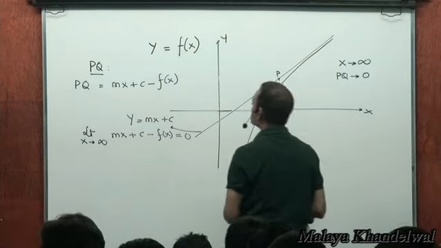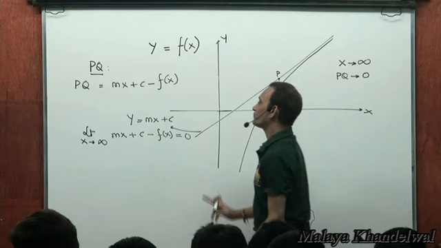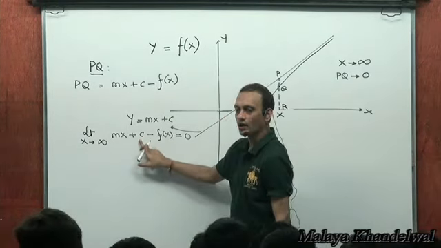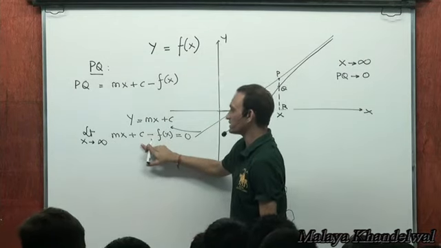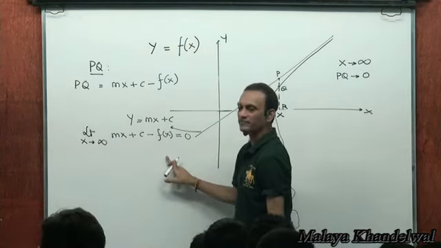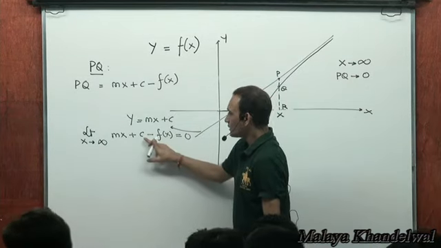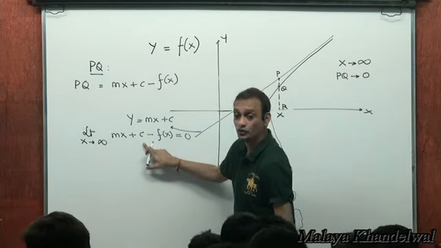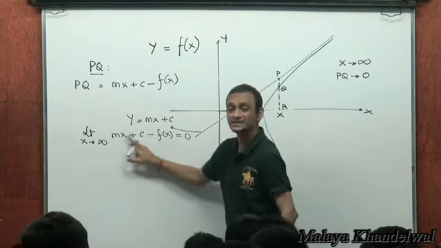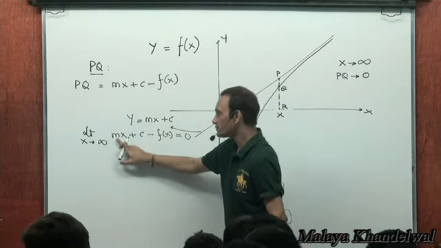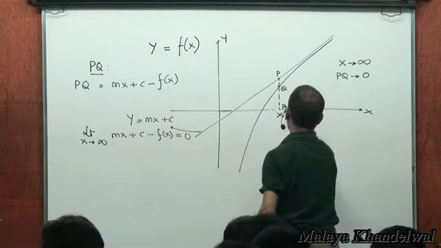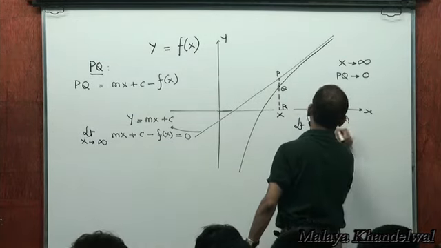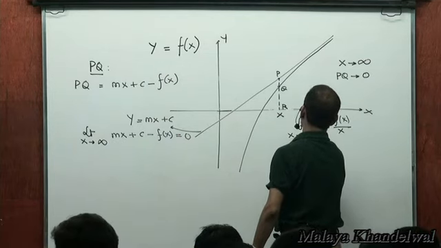Now, if I divide by x throughout, then this will become c by x, this will become m, this will become f(x) by x. And as x tends to infinity, the c by x will tend to 0, because c and m are finite numbers. So on dividing by x, it becomes m plus c by x minus f(x) by x, as x tends to infinity is 0.